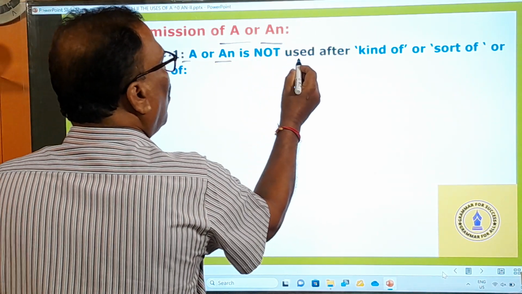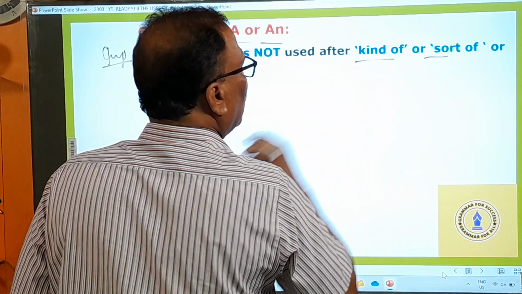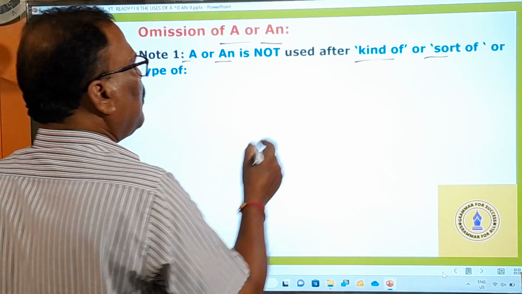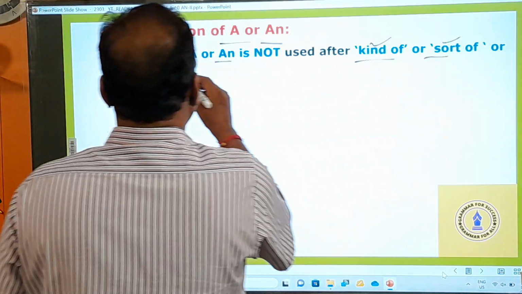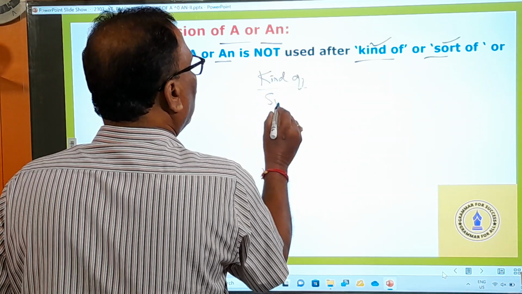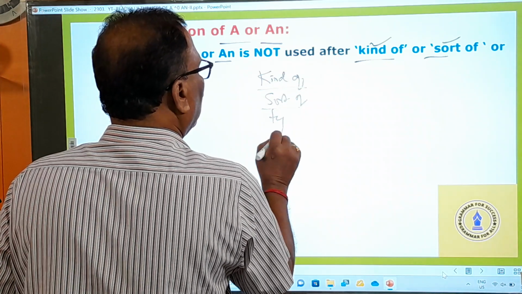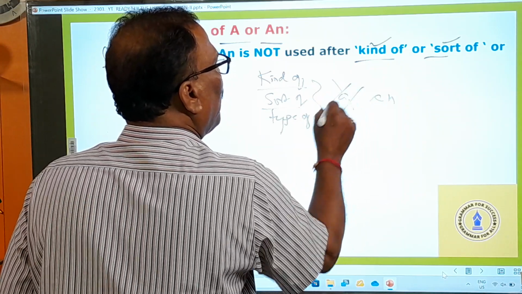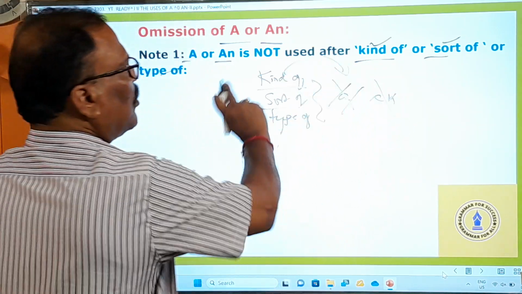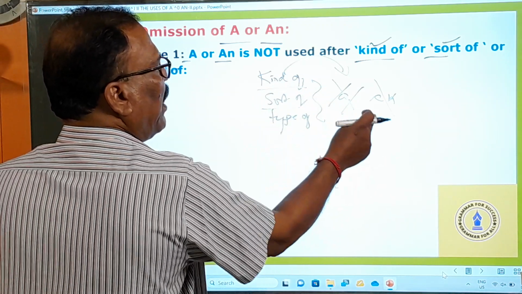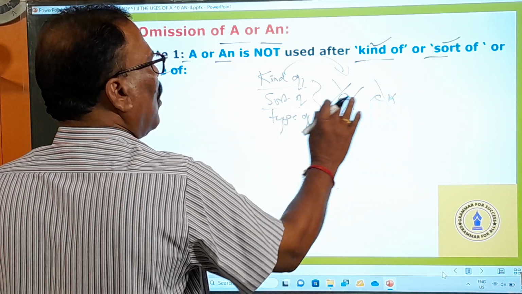A or an is not used after kind of or sort of, or type of. Kind of, sort of, type of. A or an should not be used.